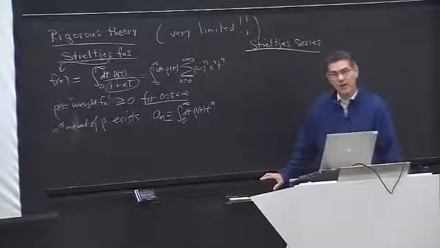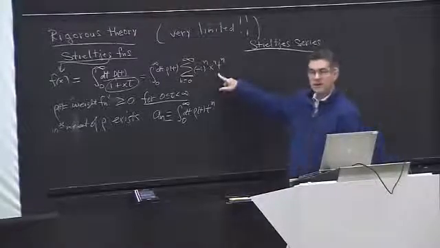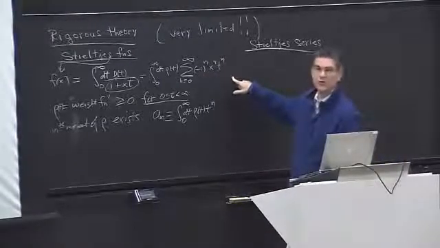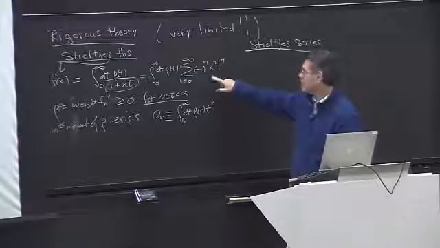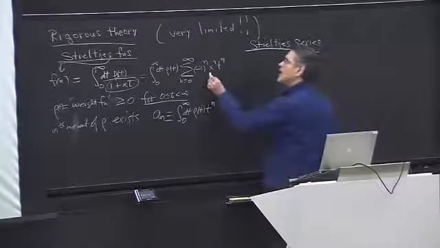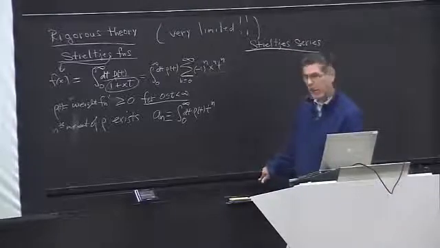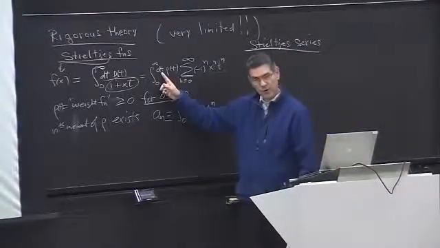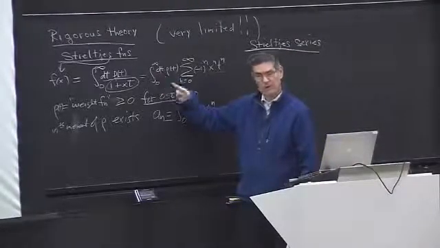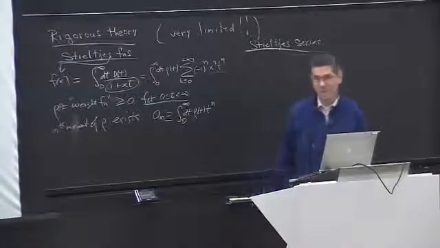What, you say? You can't do that. This series only converges if x times t is small compared with 1, and t could be very, very large. So I say to you, don't worry about it.